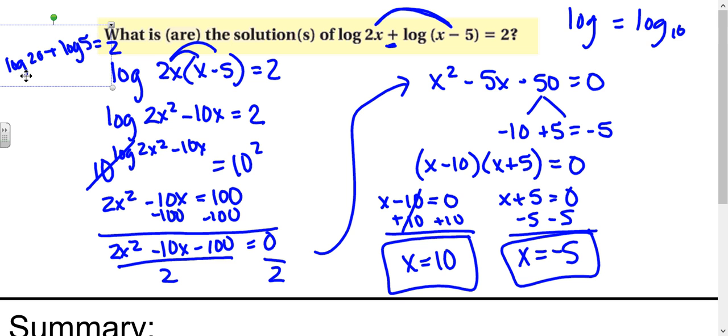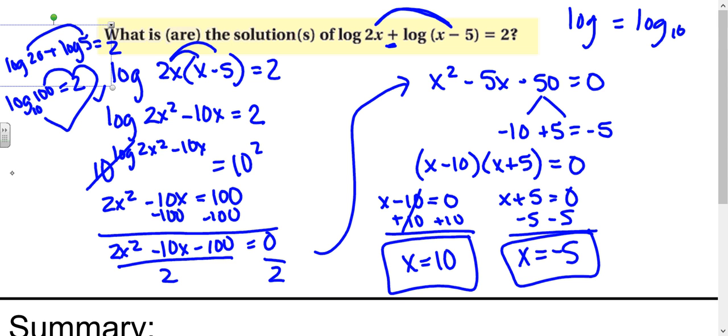So I have log base 10 of 20, log base 10 of 5. I don't know what those are. So we can actually use the condensing formula here where we multiplied these together. So that would be 20 times 5 would be 100. So log of 100 equals 2. And remember, my base is 10. So it's like 10 to the second power equals 100, which is true. So this one works. So then we're going to try negative 5.